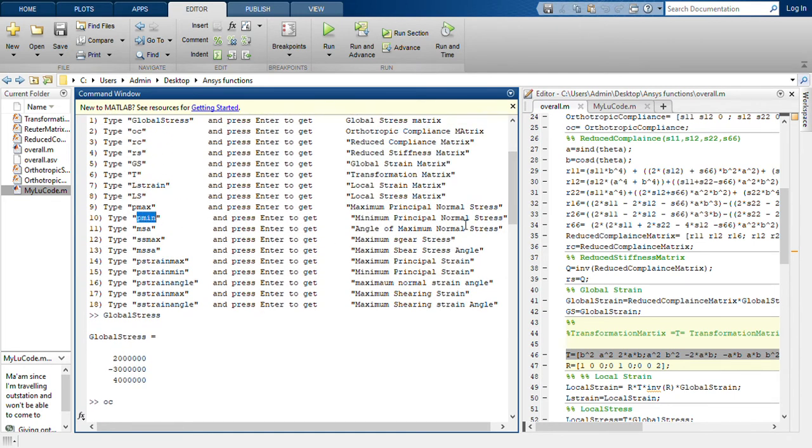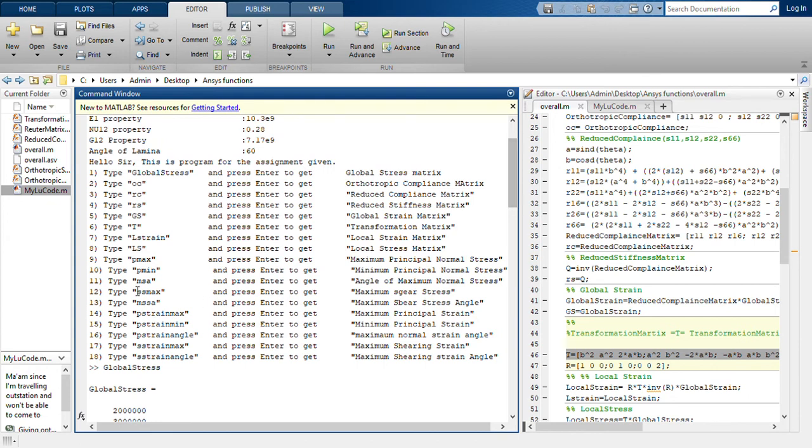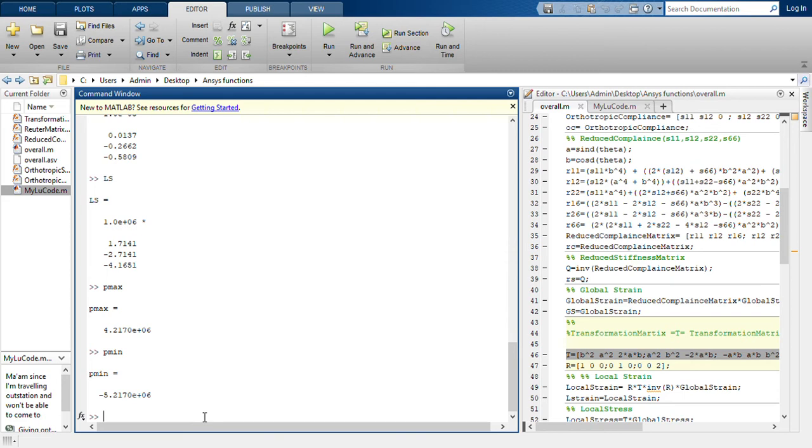For sigma minimum, we type P min and we get exactly the similar answer, minus 5.217 megapascal. Next is point 11, the angle of maximum normal stress. Copy, paste. This is 28.99 degrees, exactly the same as in the book.